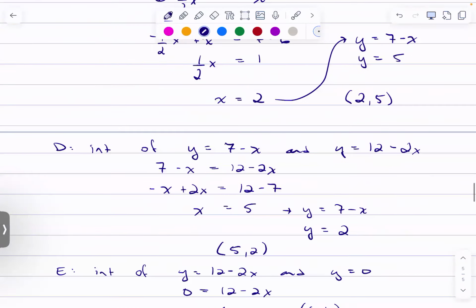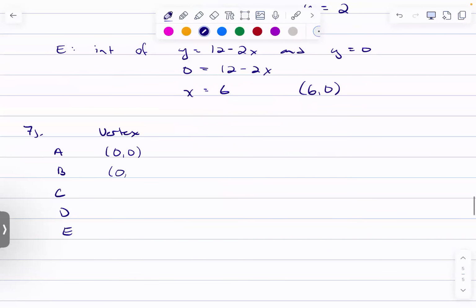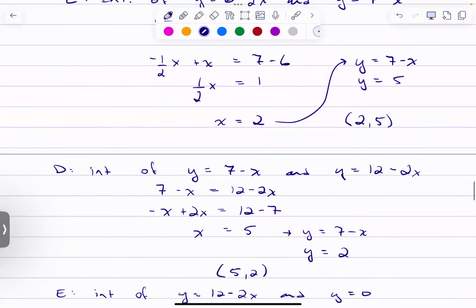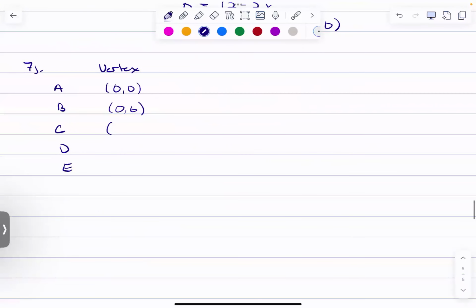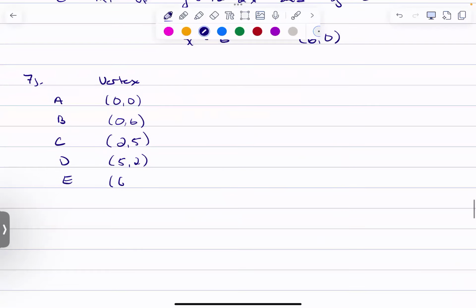B is 0, 6. C is 2, 5, and D is 5, 2. Convenient. And 6, 0. Whew. That was our goal, sort of.